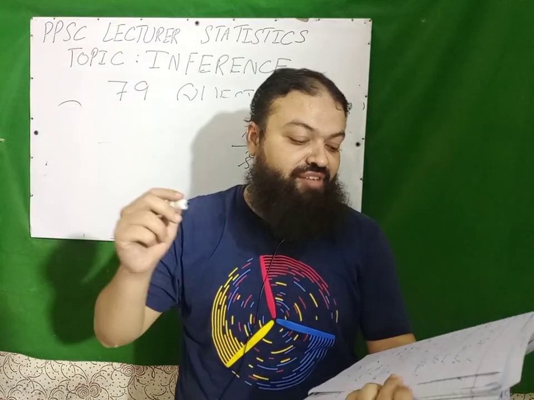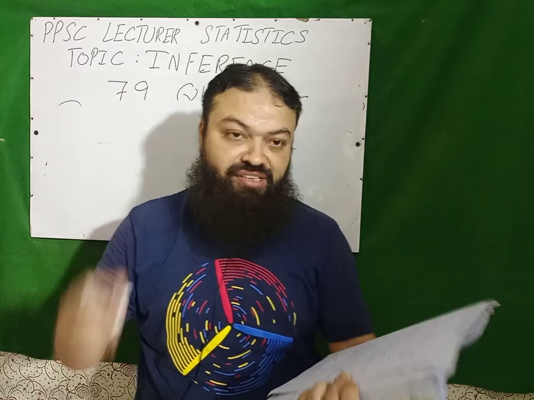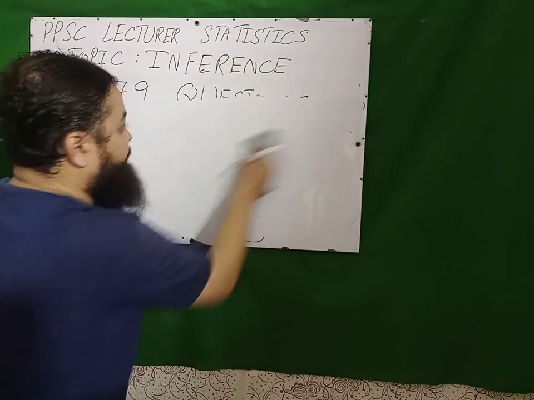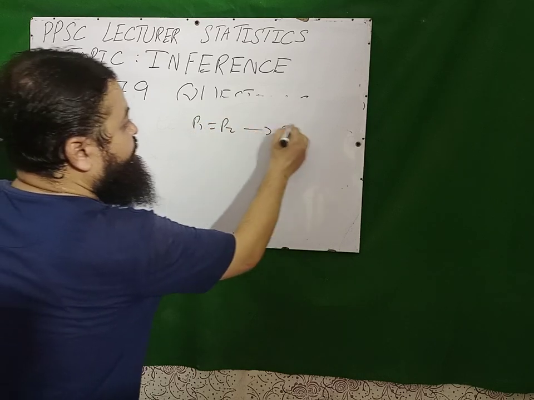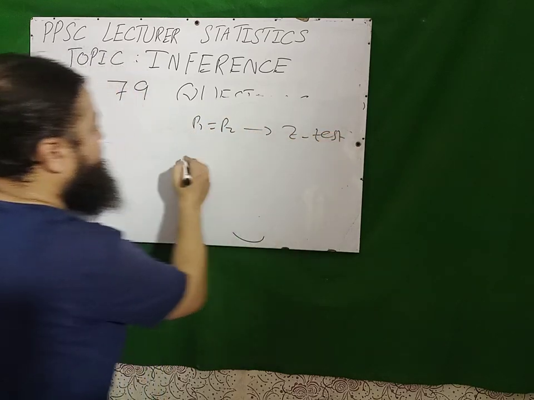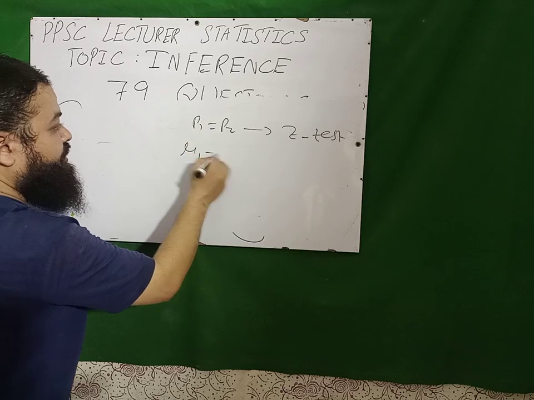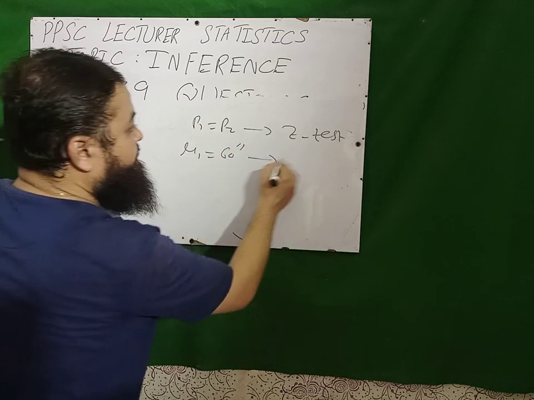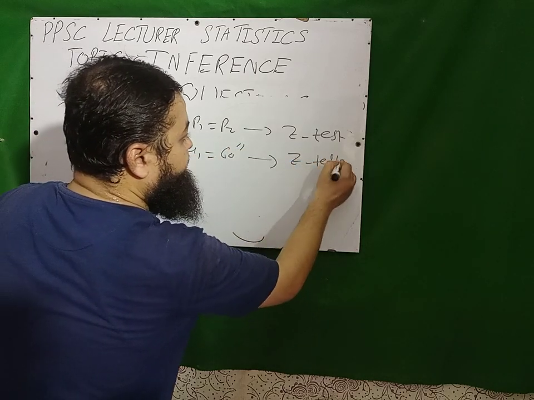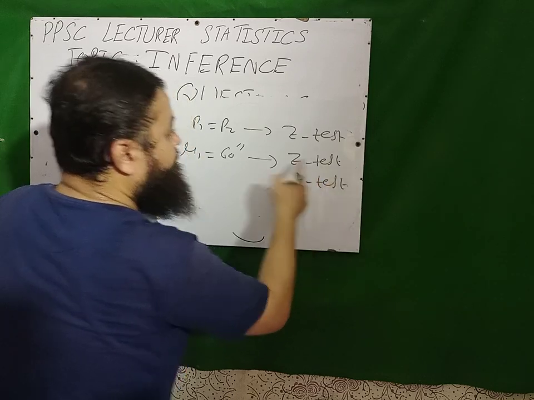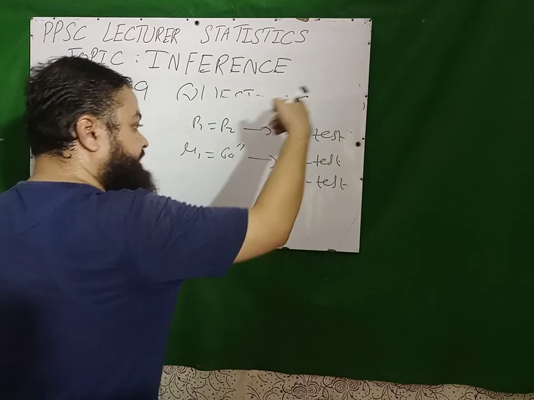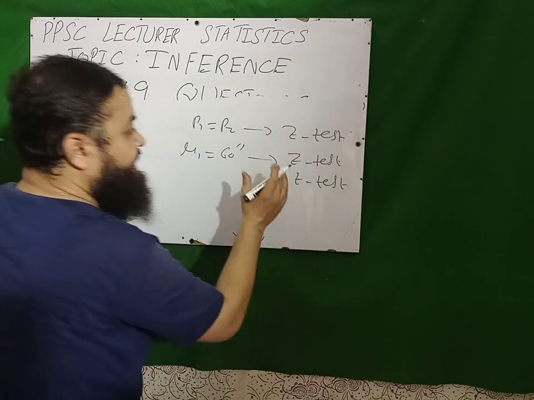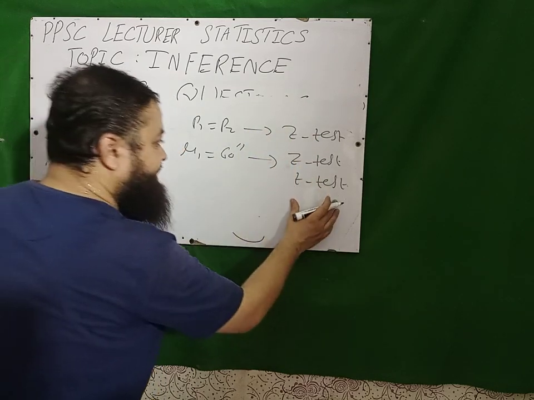Next, equality of several normal population means can be tested by, I will discuss with you a very important concept. Whenever we are discussing two proportions, we are doing the Z test. Whenever we are testing one population mean, it will be by Z or T. Z will be used when sigma is known, or sigma is unknown and n is greater than 30, and T will be used when sigma is unknown but n is less than 30.